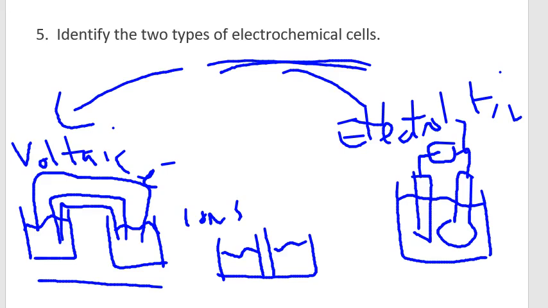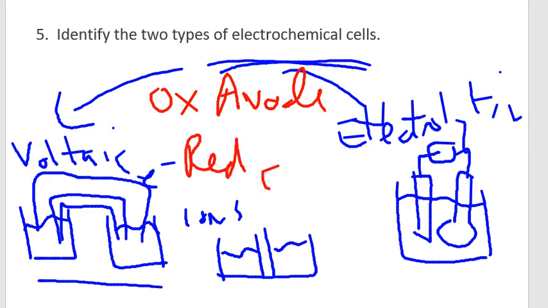So for either cell, there is something else you want to remember. Oxidation always takes place at what is known as the anode for either cell, and reduction takes place at the cathode for both. Now, the way you can remember that is An Ox and Red Cat.